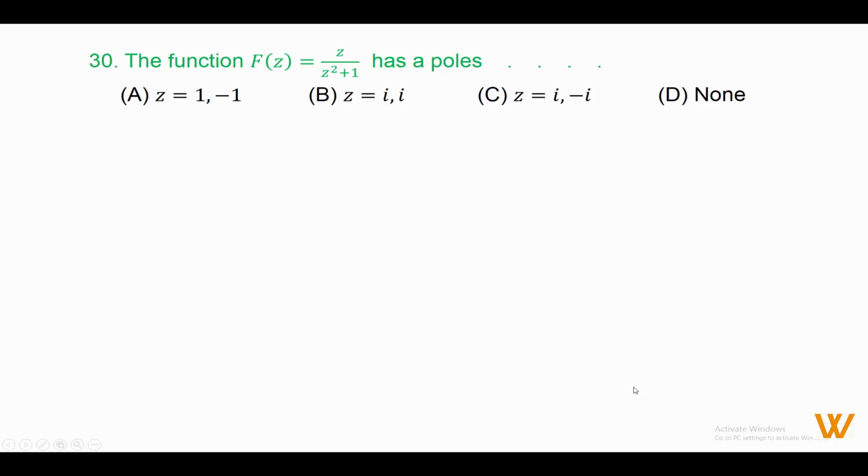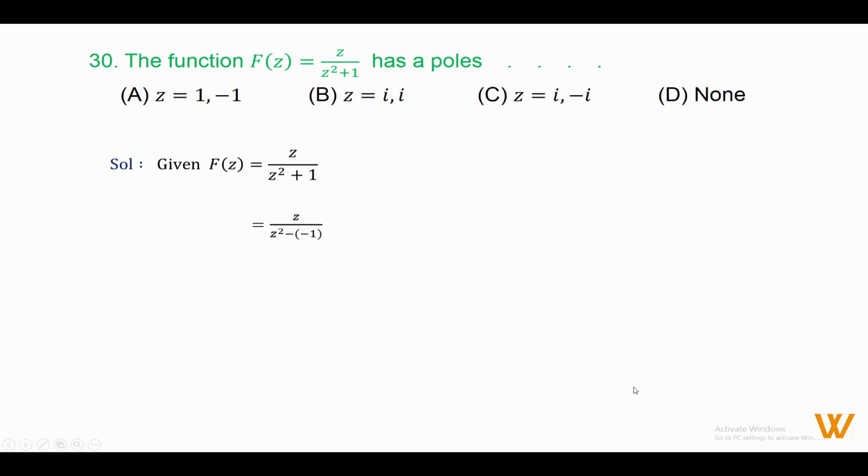30. The function f of z equal to z upon z square plus 1 has a pole. Find the pole of function f of z, means find the point at which the value of function f of z is infinity. So first write down function f of z. f of z equal to z upon z square plus 1 is equal to z upon z square minus of minus 1, because minus of minus is plus 1.